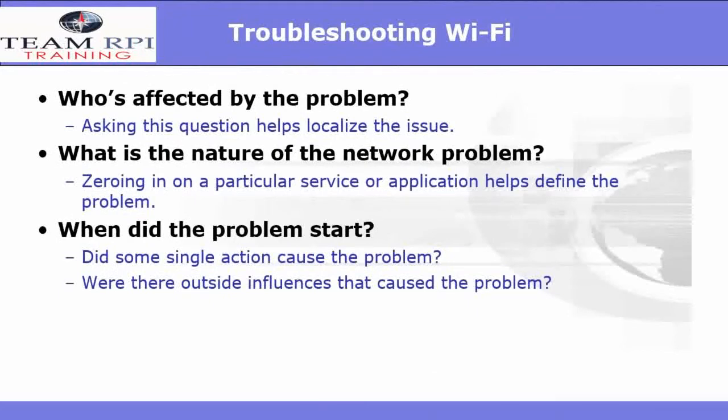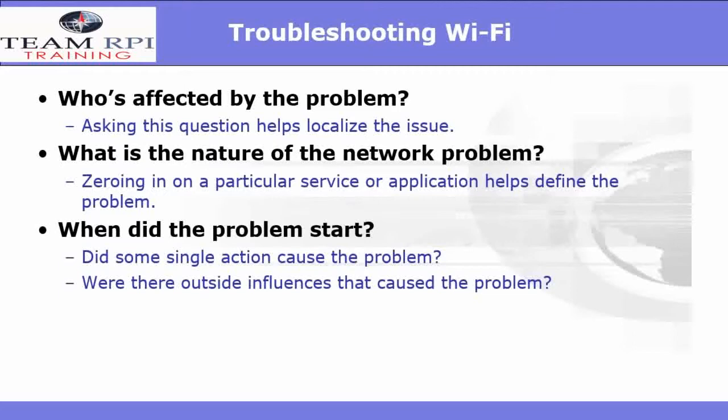Let's look at some common troubleshooting steps associated with wireless networking. The first question you should ask is, who's affected? This will allow you to localize the issue to which wireless access point might be causing a problem.